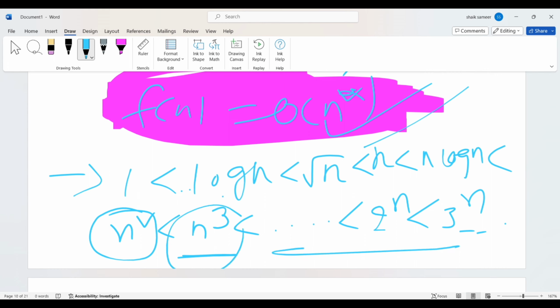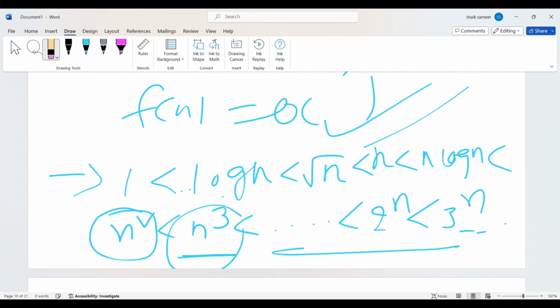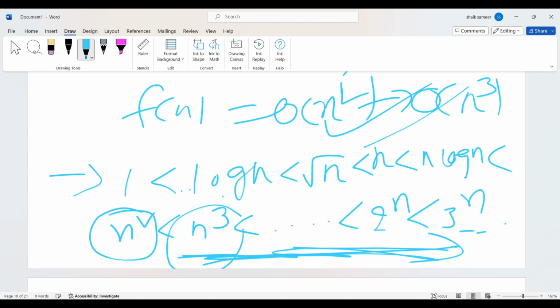I can substitute n cube; this is also a correct answer. n power 4 is also correct, n power 5 is also correct, because if I substitute Bigoh of n cube in place of n square, it becomes the correct answer. Any value to the right of n square becomes true, because all those values are upper bounds of n square.